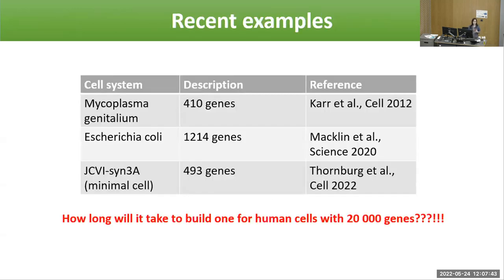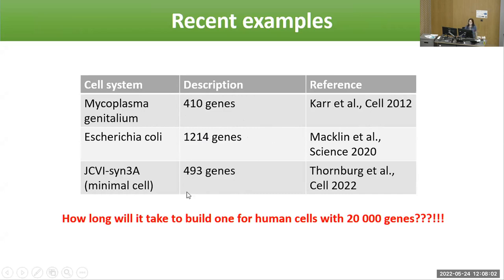But what is the current state of the art? Currently there are only a few whole cell models out there. The first one was published in 2012 by a group at Stanford University, and that was for bacteria with about 400 genes. And over the years, these are the other whole cell models that have been published so far.